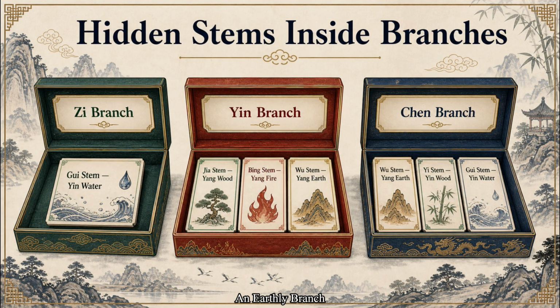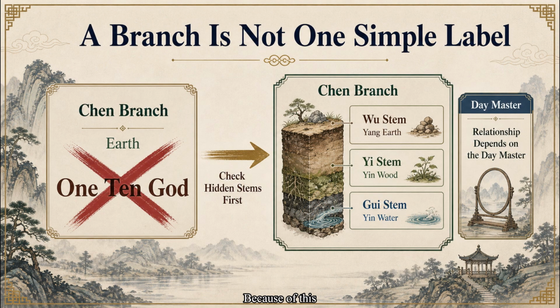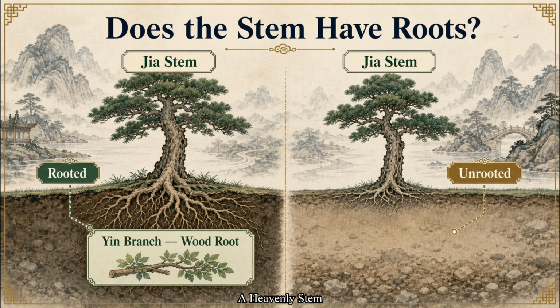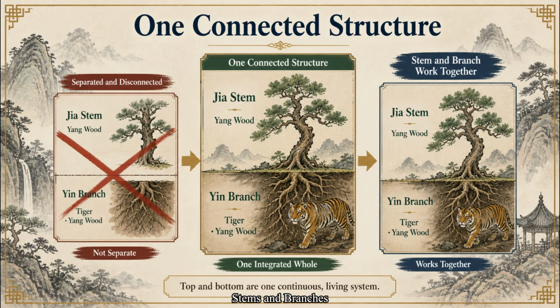An earthly branch appears as one symbol, but it may contain 1, 2, or 3 hidden stems inside. Because of this, an entire branch should not automatically be treated as one single 10 gods category based only on its main element. A heavenly stem must also be examined for whether it has supporting roots in the branches below. Stems and branches must be read together rather than treated as 2 completely separate systems.